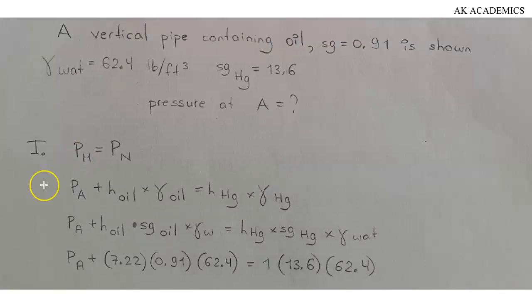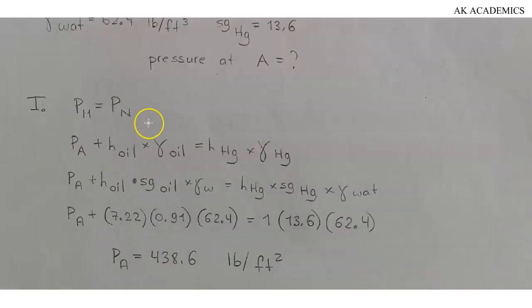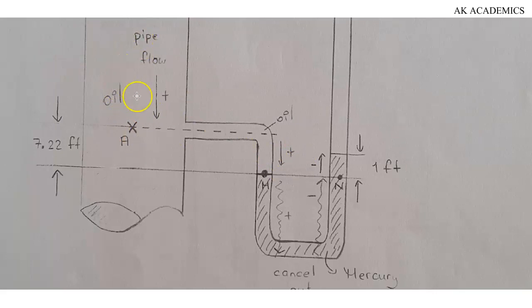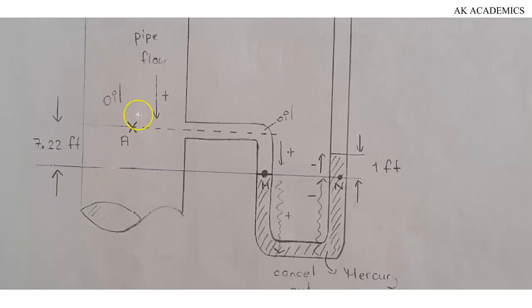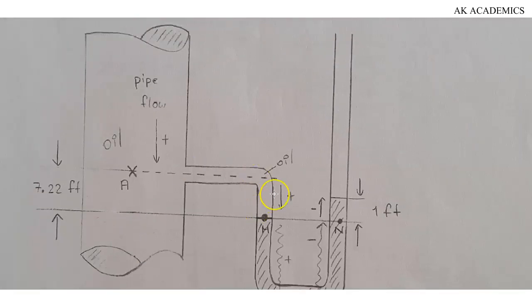We know that PM will be equal to PN, so pressure at point M will be equal to pressure at point N. So we can easily say that the pressure at point M will be the pressure of oil in this pipe plus pressure of oil in the manometer. You can see we have pressure at A, which is the pressure of the oil in this particular pipe, plus the pressure of oil in the manometer.